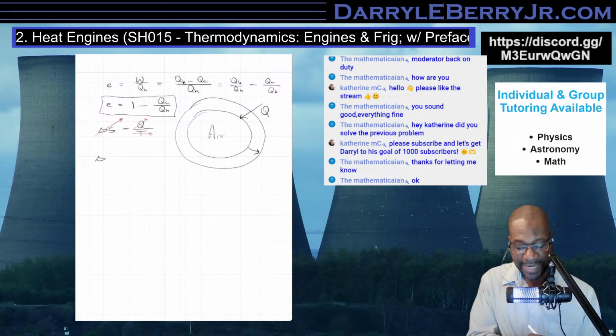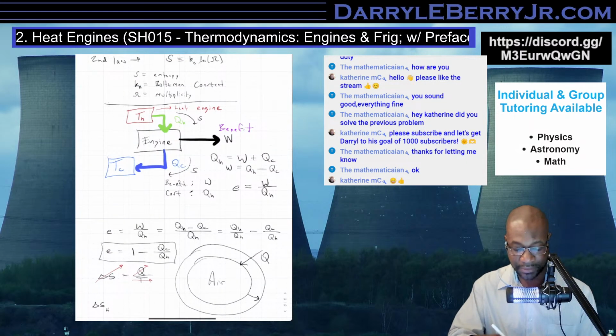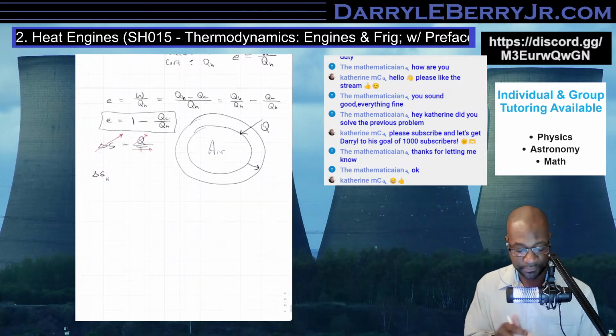So we can say that we have some entropy for the hot side. The hot side of the system here is putting some entropy into the engine, so it's going to lose some entropy. So the Q here and T here, we know that the Q is going down because we're pulling some heat from the outside.